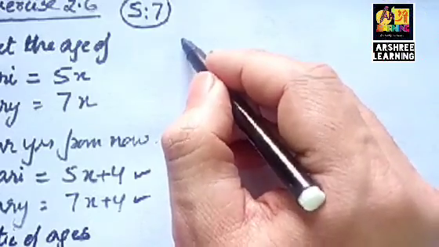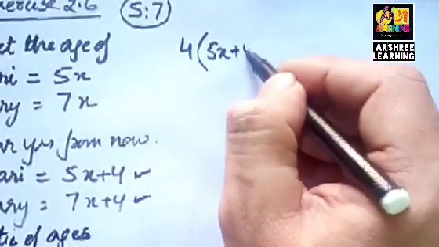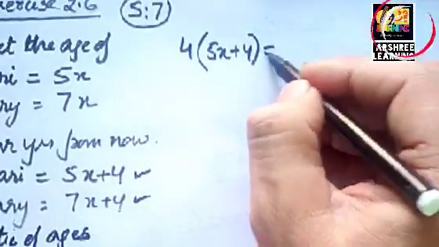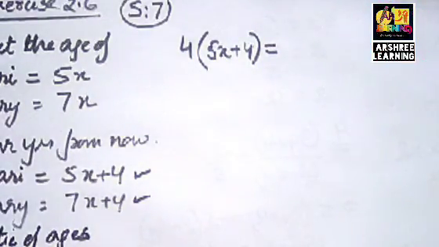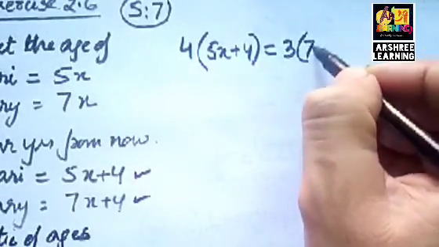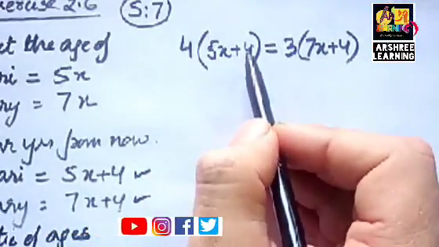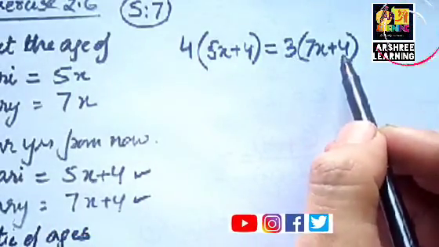So I am keeping 4 bracket 5x plus 4 on one side, is equal to 3 into 7x plus 4. So 4 into 5x plus 4 and 3 into 7x plus 4.